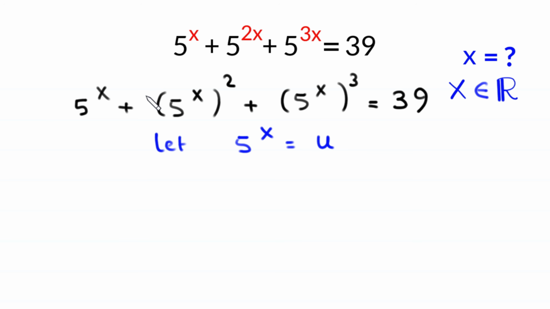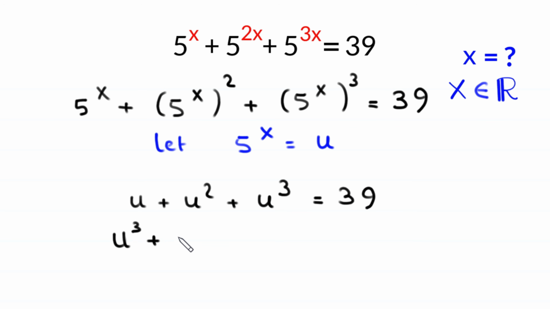So this equation will become u plus u squared plus u cubed equal to 39. Rearrange these terms and move this 39 to the left hand side. The equation will become u cubed plus u squared plus u minus 39 equal to 0.